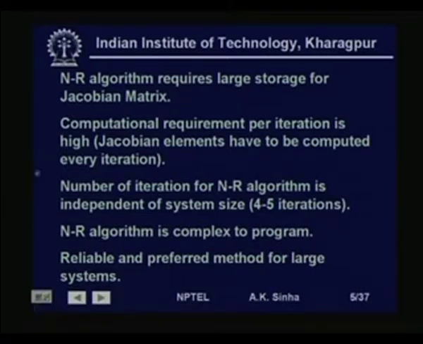That is, the Newton-Raphson algorithm requires large storage for the Jacobian matrix. Also, the computational requirement per iteration is high, because Jacobian elements have to be computed at every iteration.